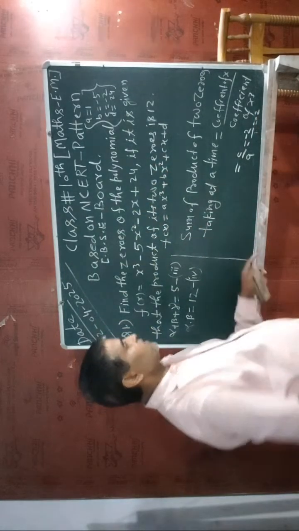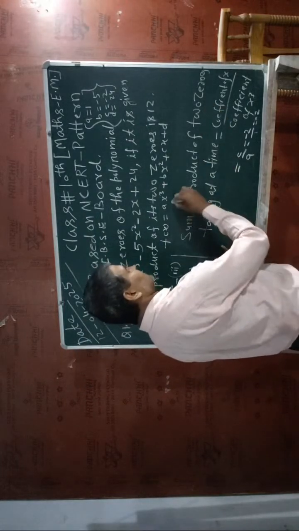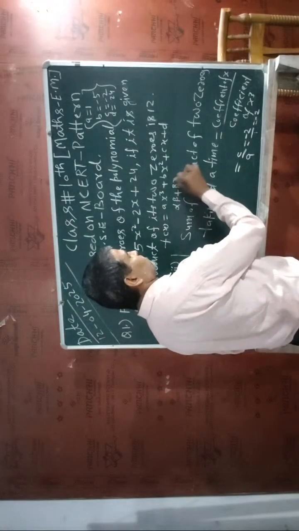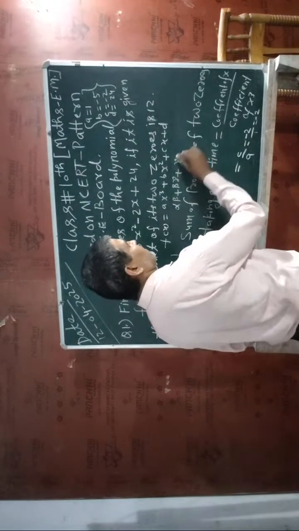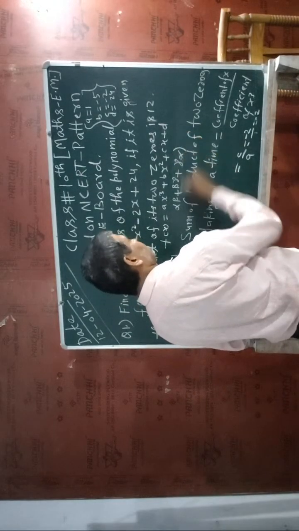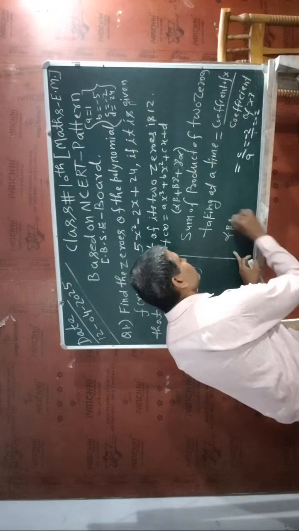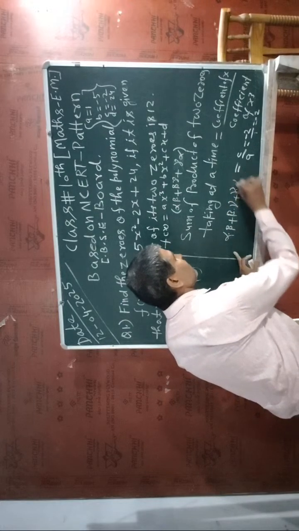In other words, the sum of the product of two zeros taking at a time means alpha into beta plus beta into gamma plus gamma into alpha.